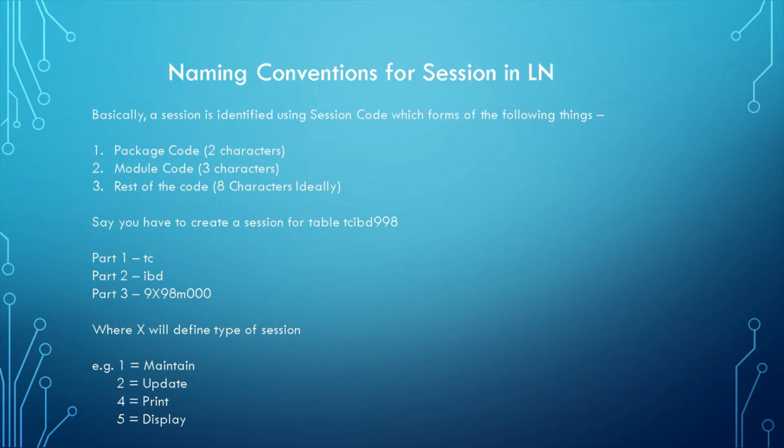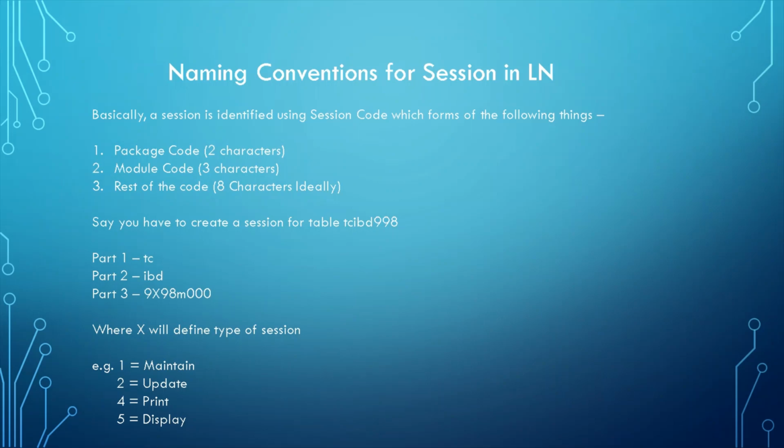If you are going to create an update session, you are going to use 2. For print, you are going to use 3 or 4, sorry. And for display, you are going to use 5. Now, in this video we'll be focusing on creating a maintain session, right? So for a maintain session, the code will be TCIBD9198M000.